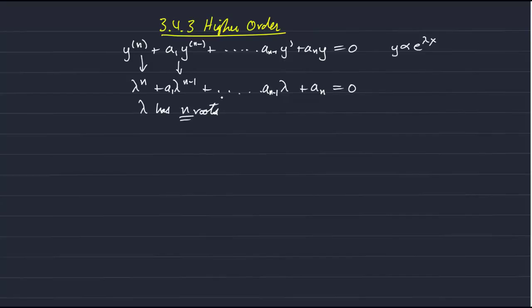And it's possible that the n roots will give the n linearly independent solutions that make up the general solution. That is C1 e to the lambda 1 x plus C2 e to the lambda 2 x all the way down to Cn e to the lambda n x.